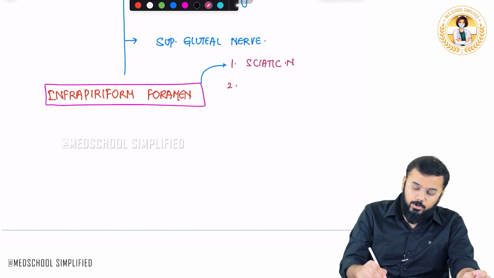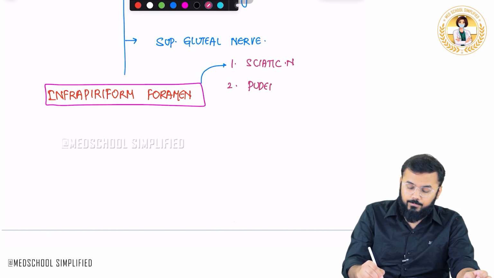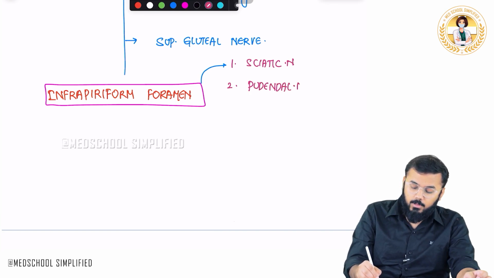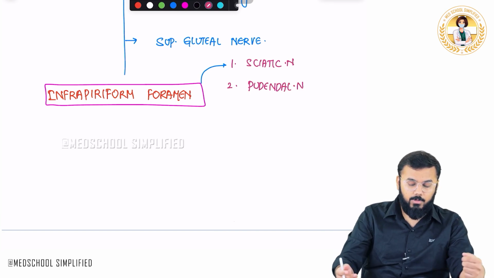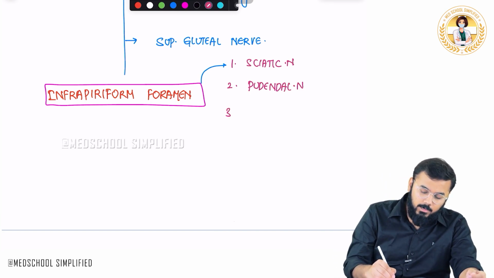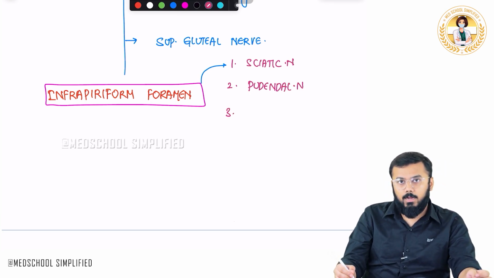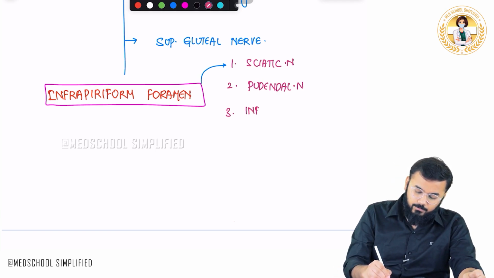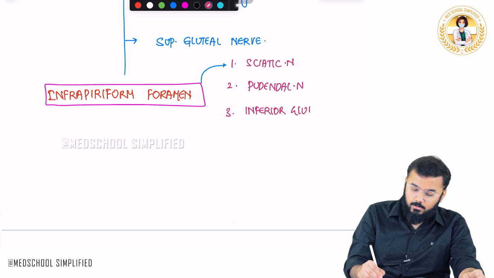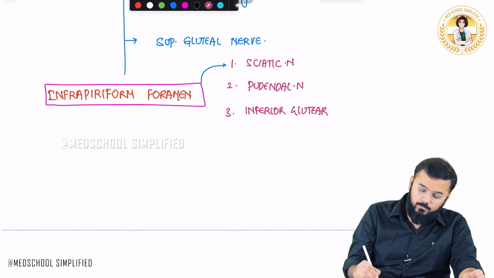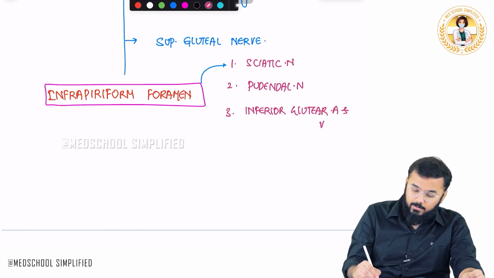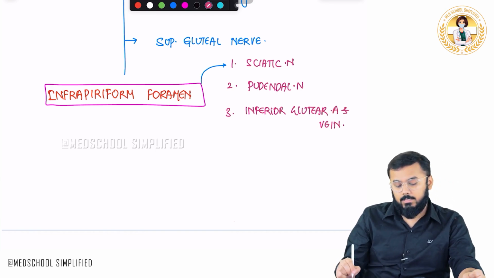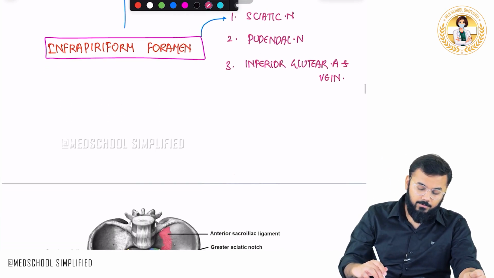After that, the second important thing is the pudendal nerve, which is also coming out of your infrapiriform foramen. The third important thing is the inferior gluteal artery as well as vein. These are the structures that are coming out from the infrapiriform foramen.